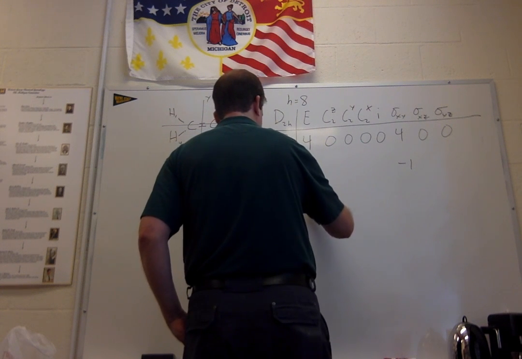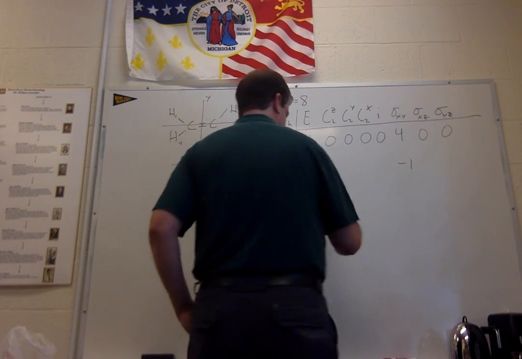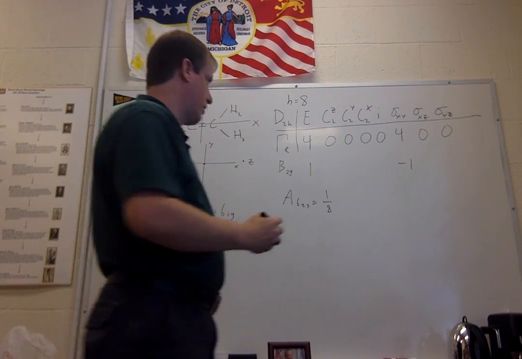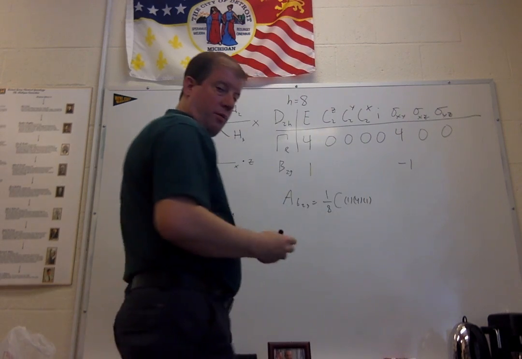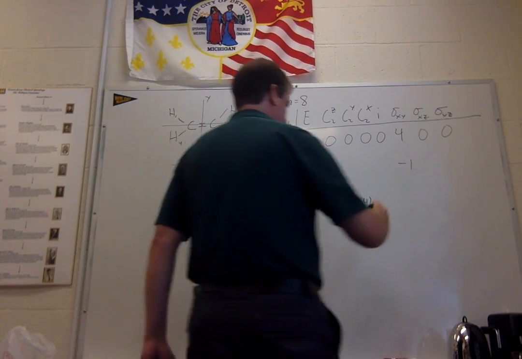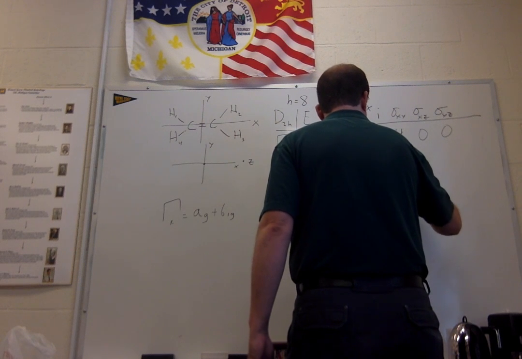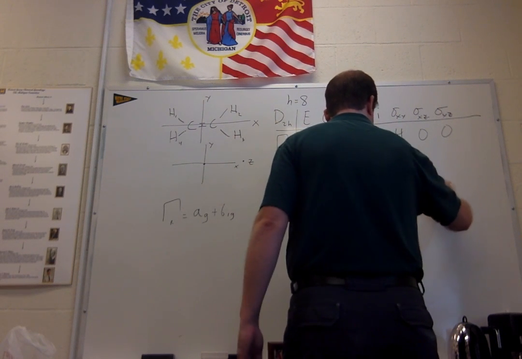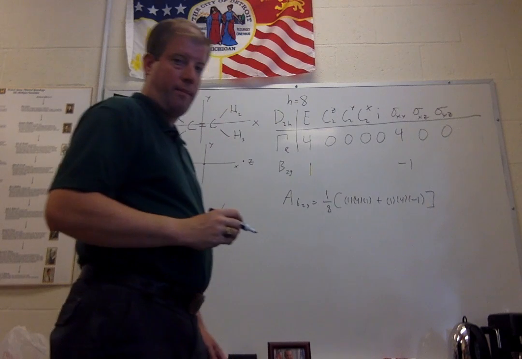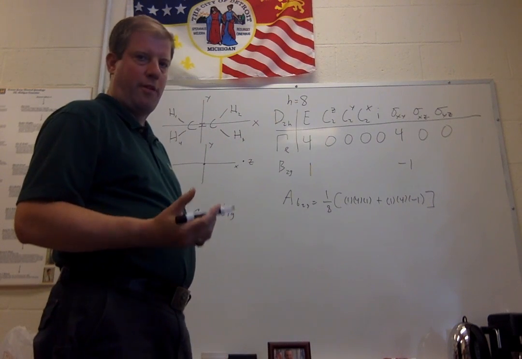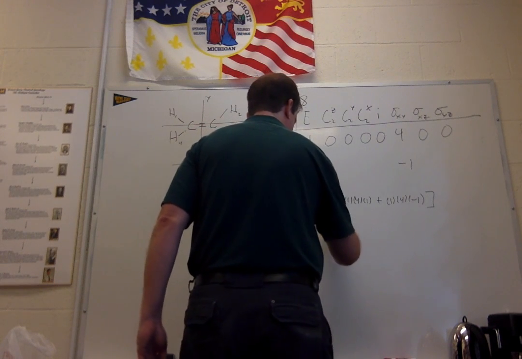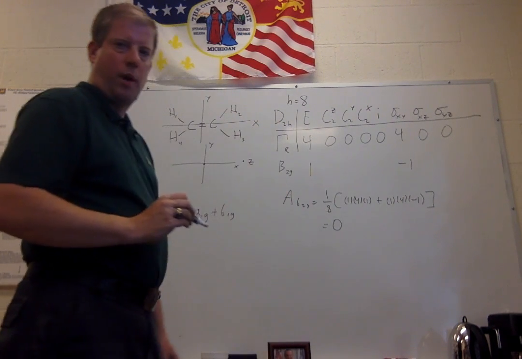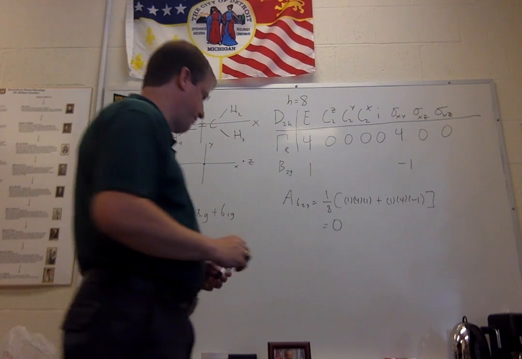So, the contribution here will be 1/8 times 1 times 4 times 1, plus 1 times 4 times negative 1. 4 minus 4. 0. So no contribution from that one at all.